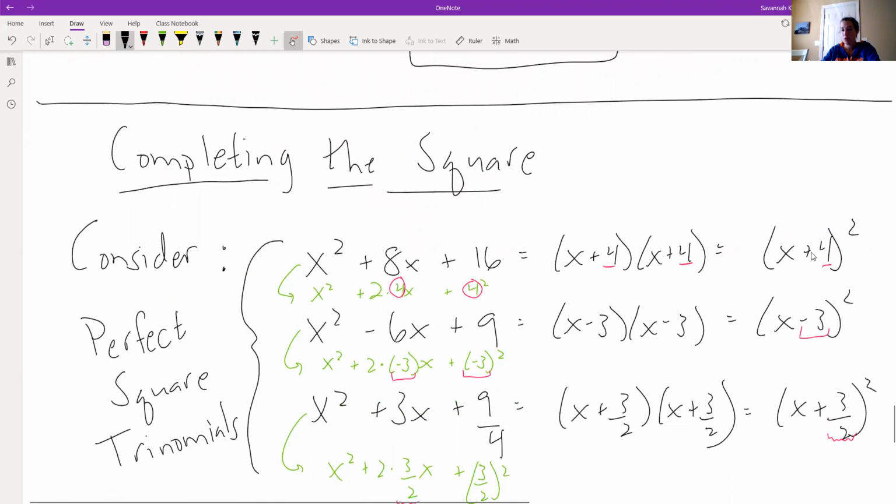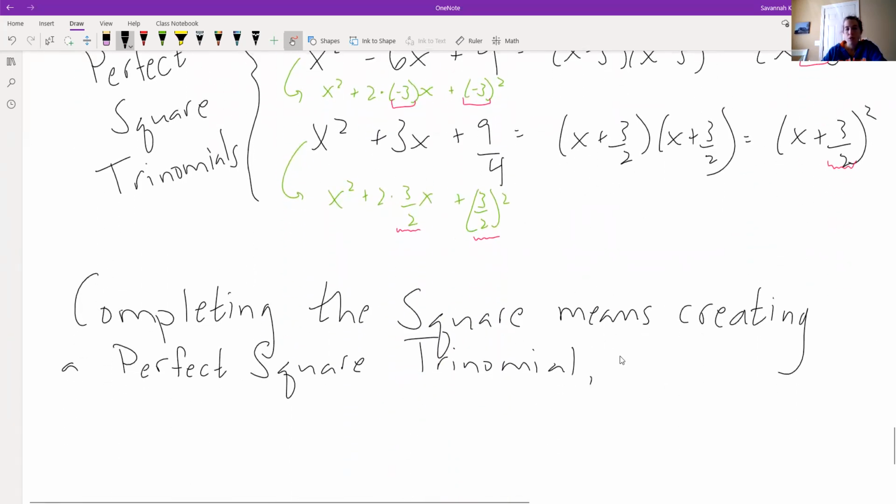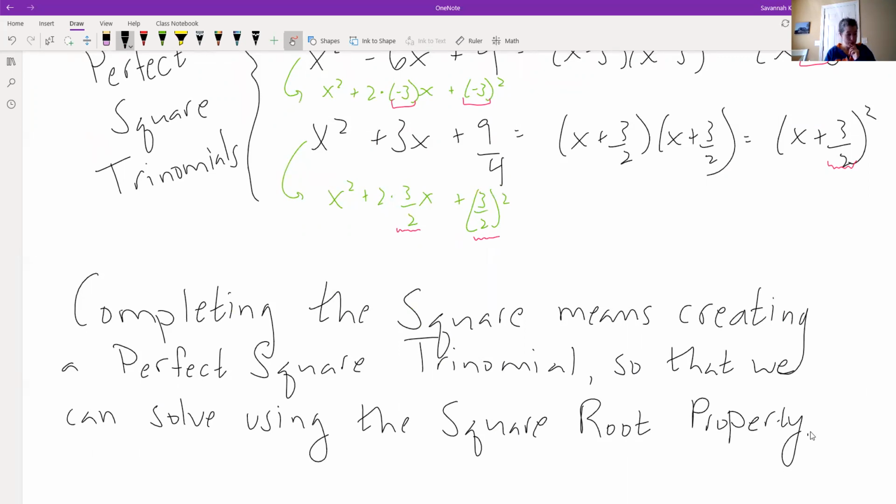They can be written in a form that kind of leads directly into the square root property. Okay, so just laying it all out there, that's our goal here.